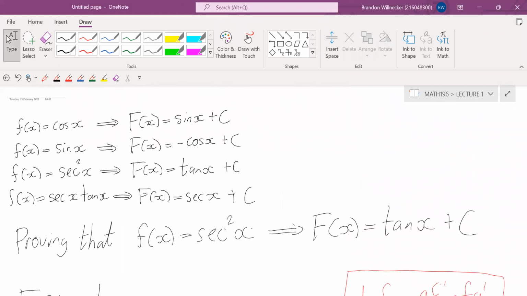We need to show that the antiderivative of sec x tan x is sec x. So how do we show that? Well, we go backwards. We need to show that the derivative of sec x is going to be sec x tan x. If we can show that derivative, then that means this right-hand side here must be the antiderivative.